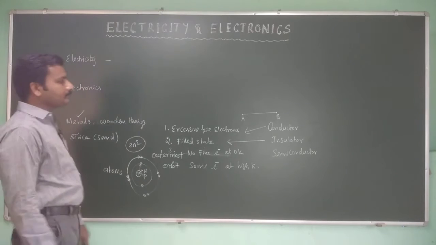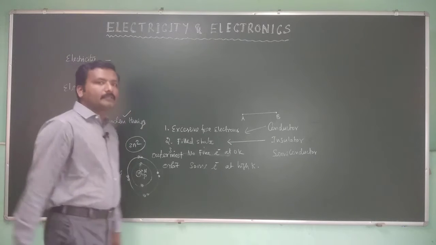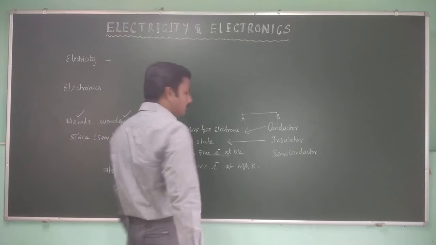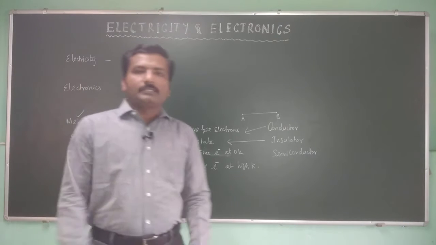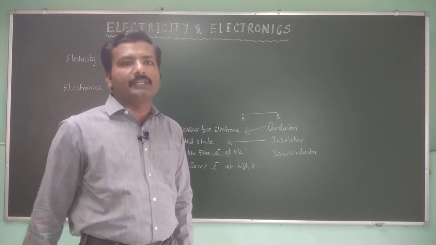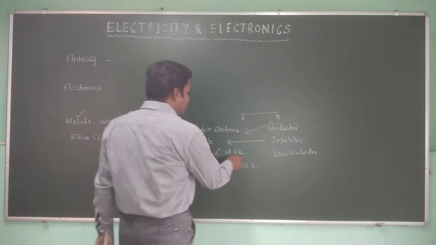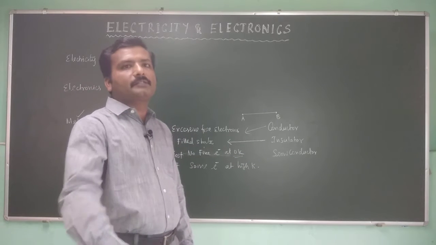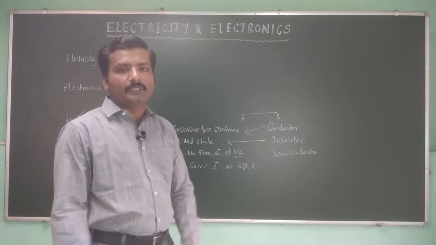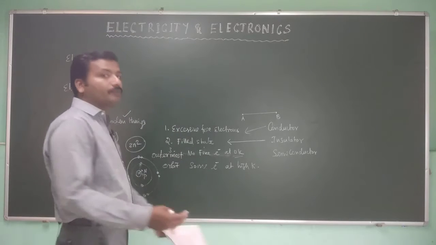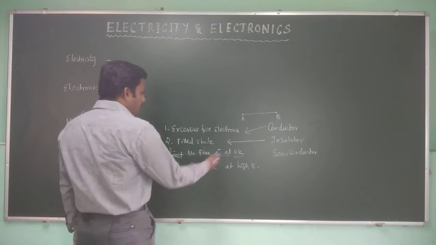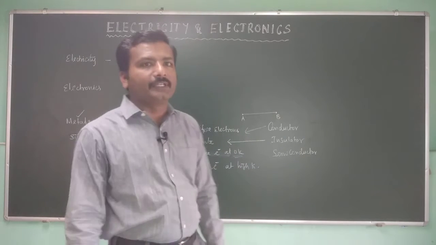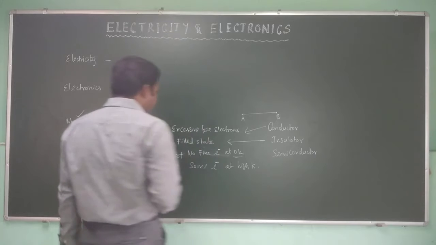Metals are conductors, wooden things are insulators. And there is a third category where the electronic state is filled and there are no free electrons if it is at 0 Kelvin. But if you supply some heat, which means some external energy in the form of heat, in the form of phonons technically, it will excite some of the electrons from the outermost orbit to free electrons, so that it will behave like a conductor.